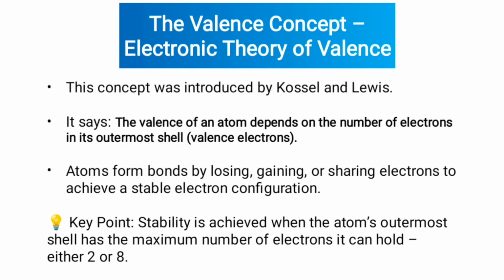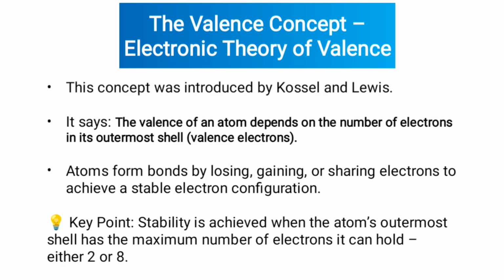Now, the valence concept, the electronic theory of valence. My dear student, this concept was introduced by Kossel and Lewis. It says the valence of an atom depends on the number of electrons in its outermost shell, the valence electrons.